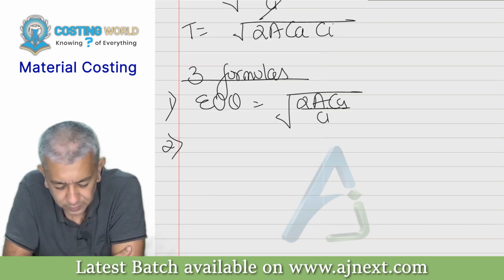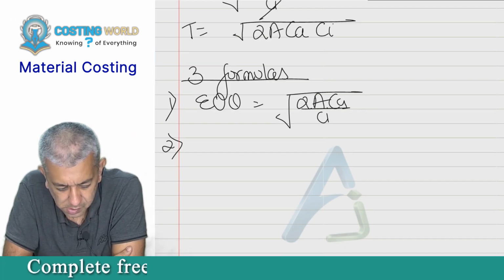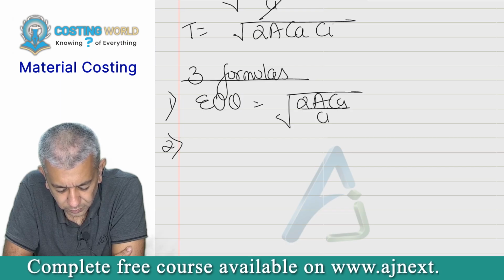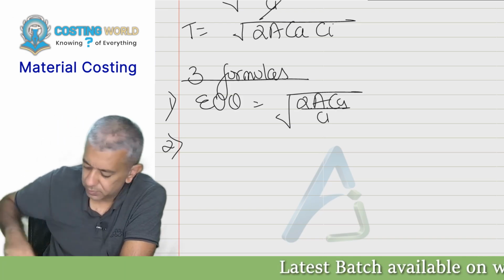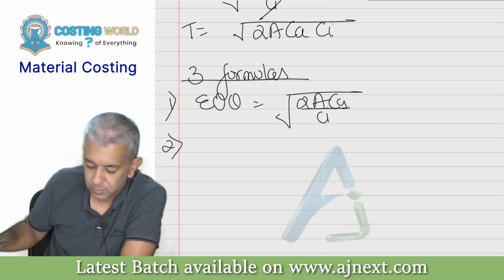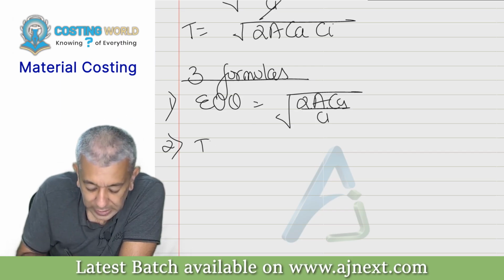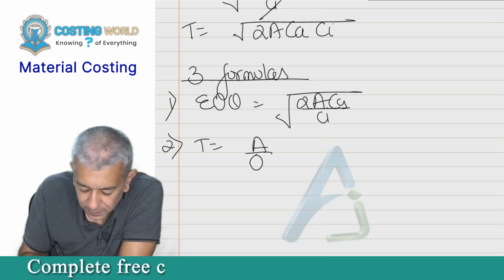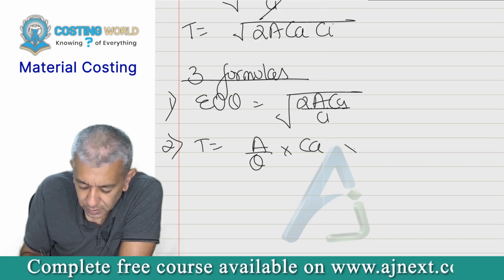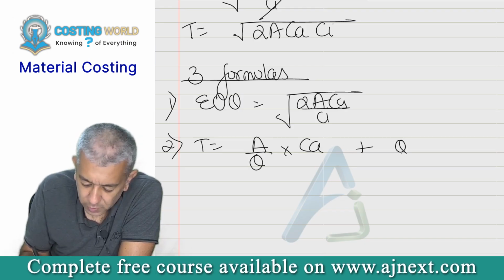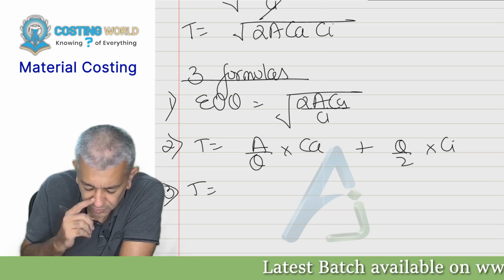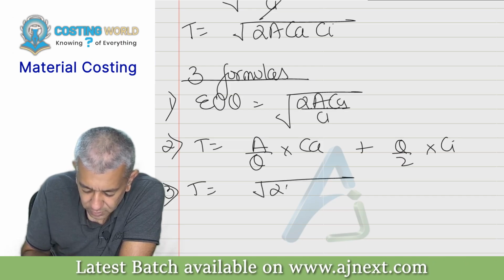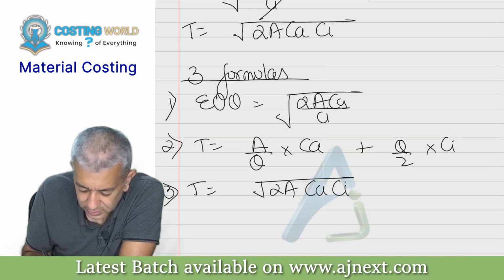Second, T, that first formula, A by Q into CA plus Q by 2 into CI. And the formula that we learned right now, square root of 2ACA CI.